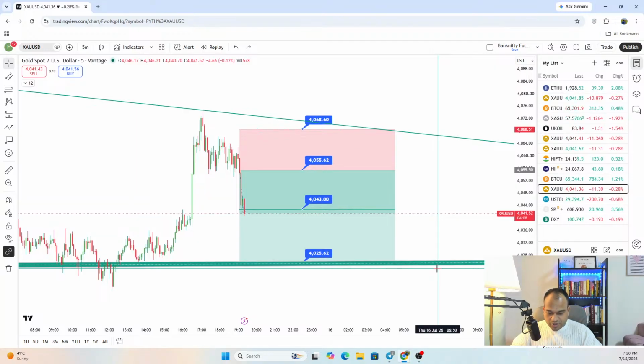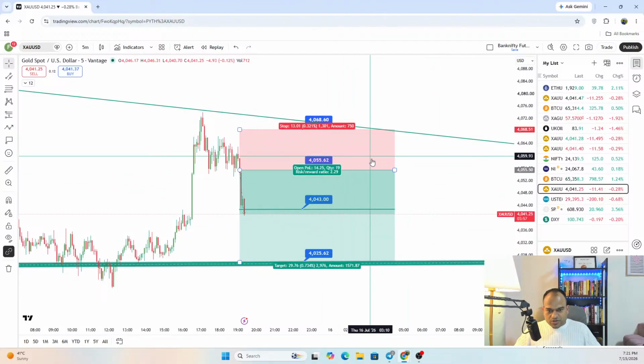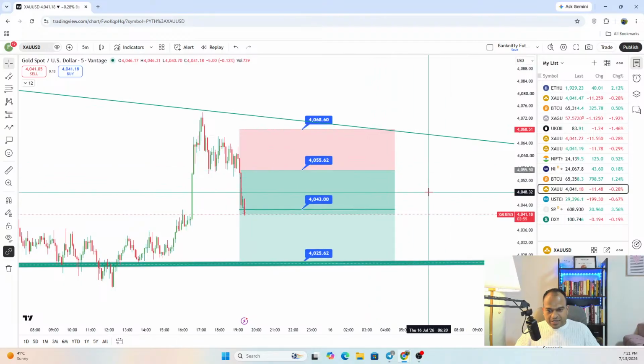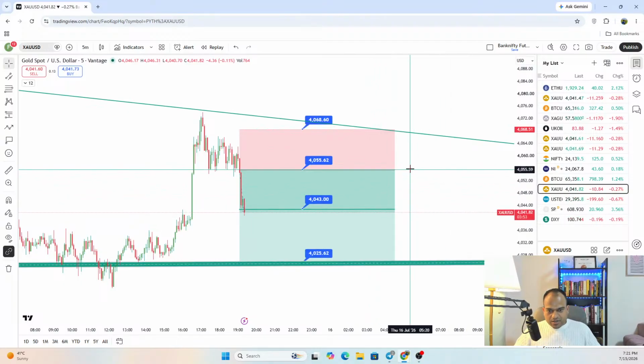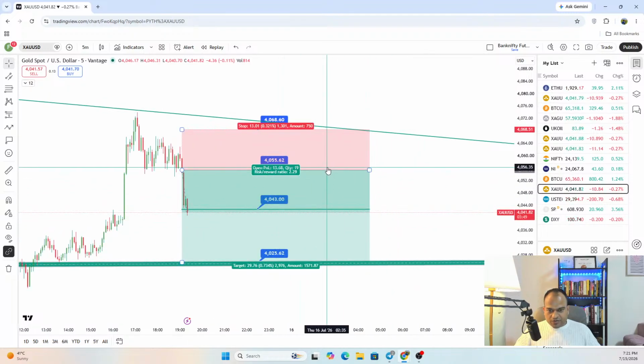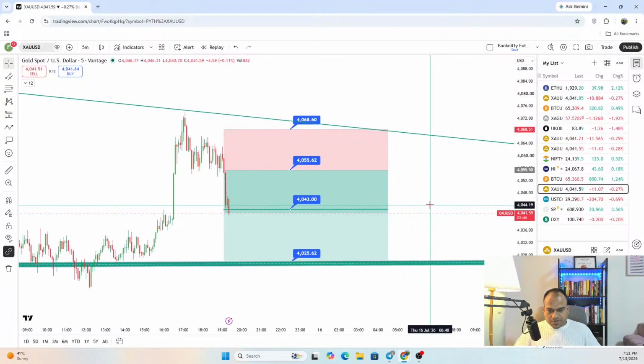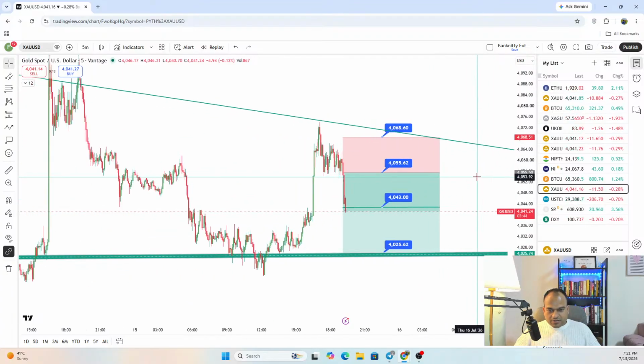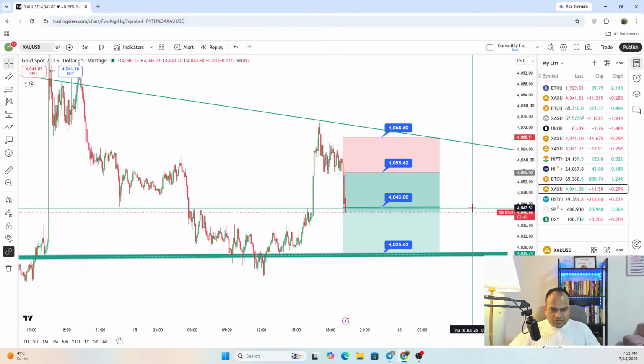This will make sure that even if the market goes back to this zone of 4055 again, I'll not lose anything, because my SL is already shifted here. But for the first trade, I already got my TP of 120 pips. That's an amazing achievement. It feels good, of course.